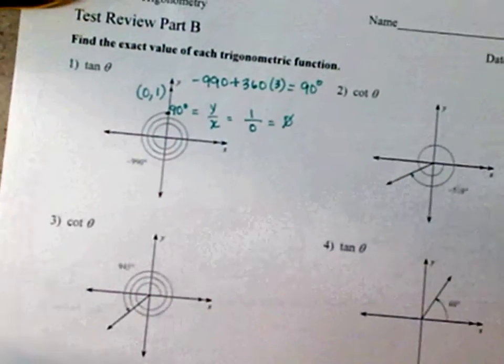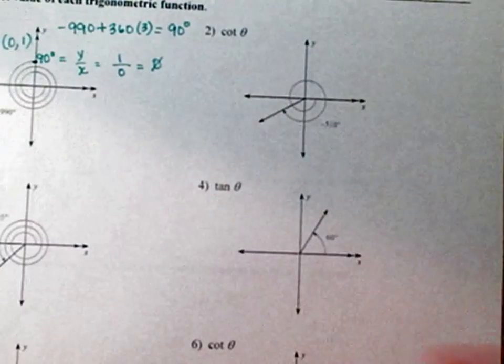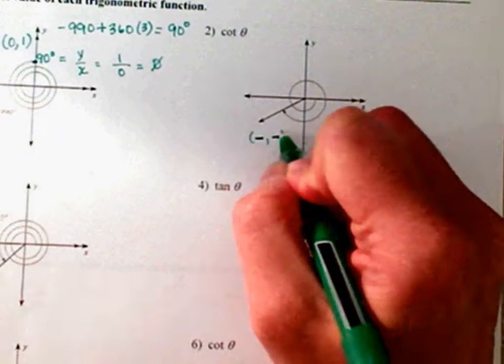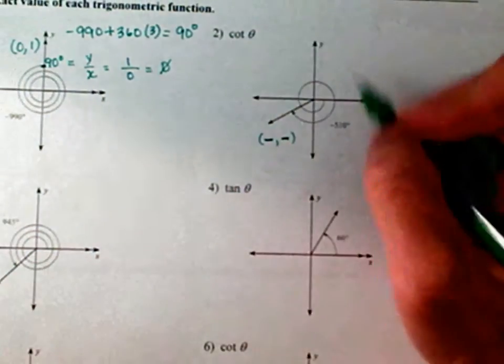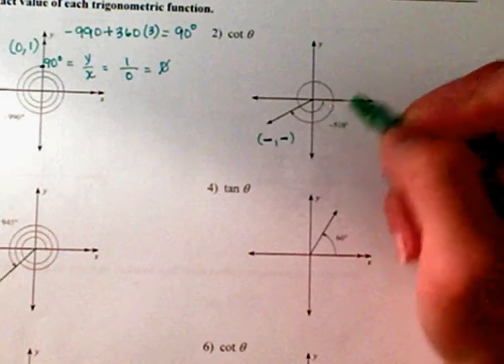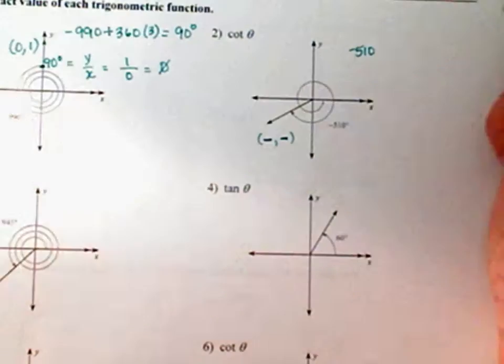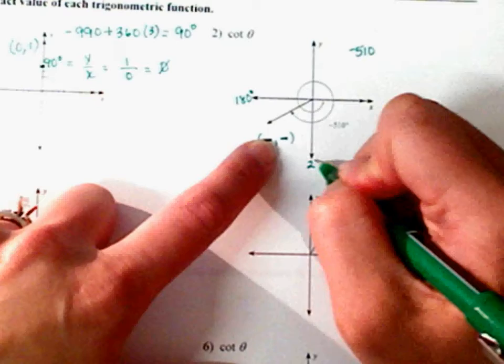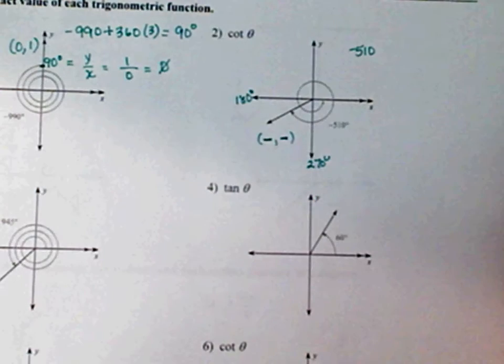Number 2, cotangent theta. So I know this right here is going to be a negative and a negative. Okay? So at this point, I'm going in reverse. Remember, reverse is negative 510. So I know this here has to be between 180 and 270. That angle has to be between those two.